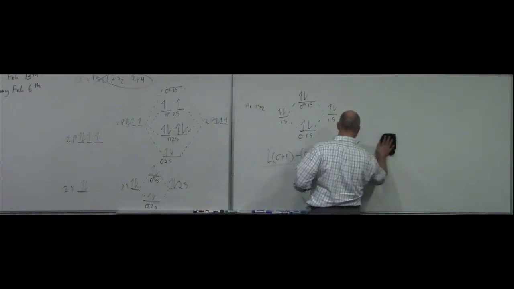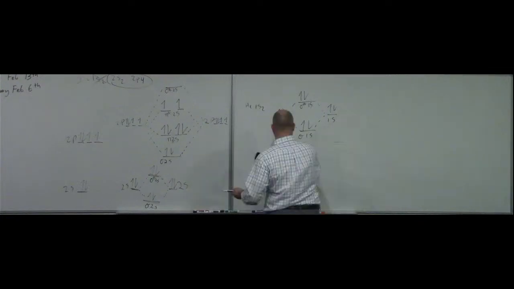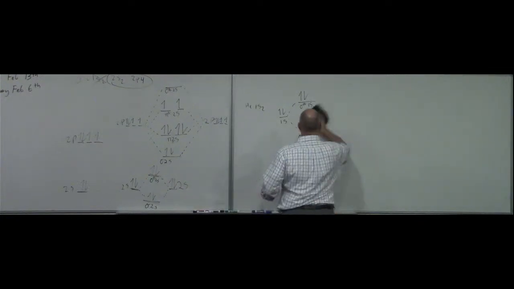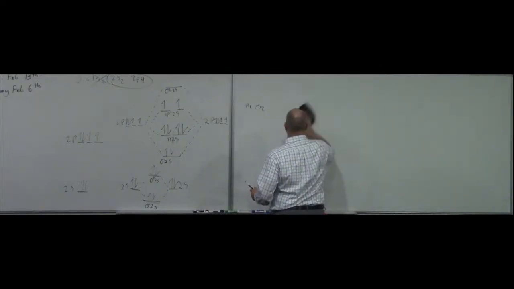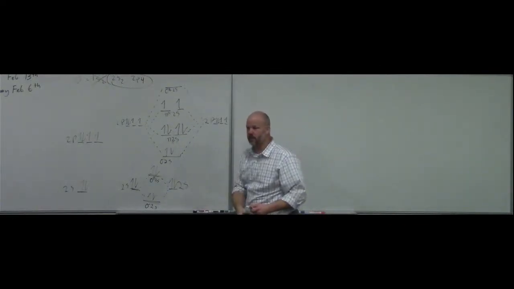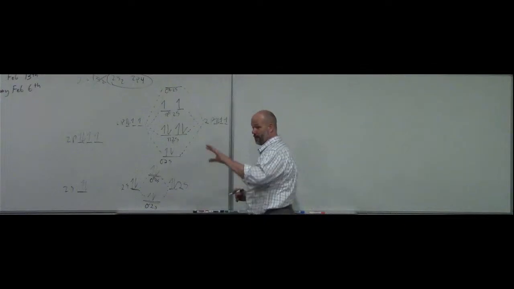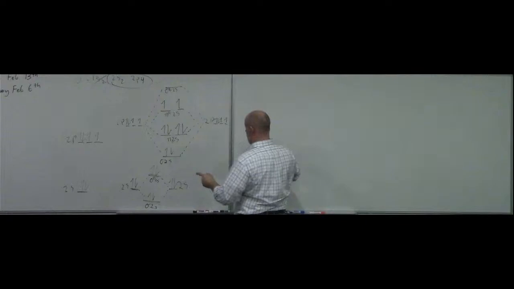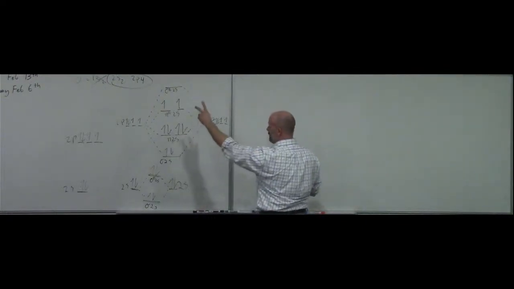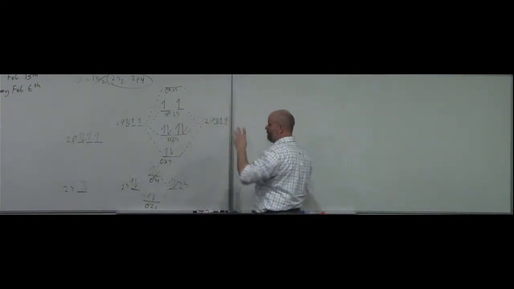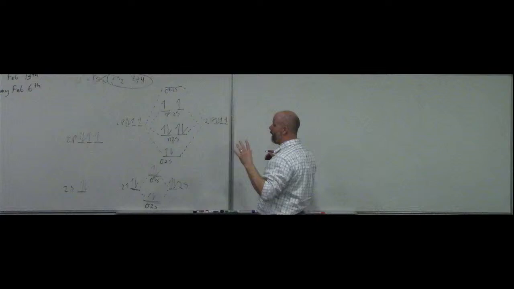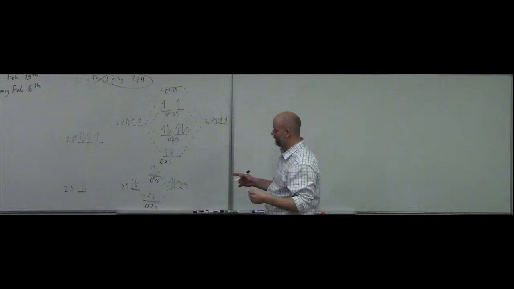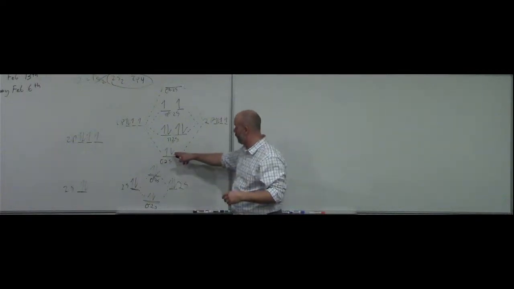However, O2 does exist. So we know that there must be some energetic benefit. So we can do our bond order, and you got to be able to do the bond order. So I take my bonding and my antibonding. How many bonding do I have? Count them all. So it's going to be 2, 2, 6, 4, 8.